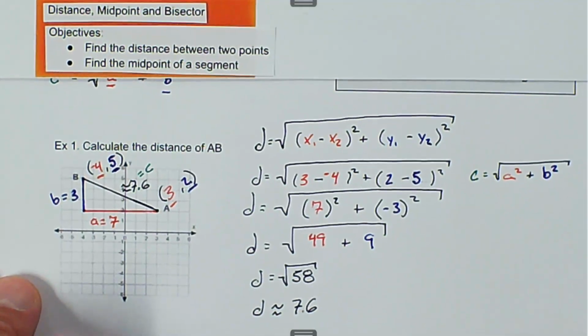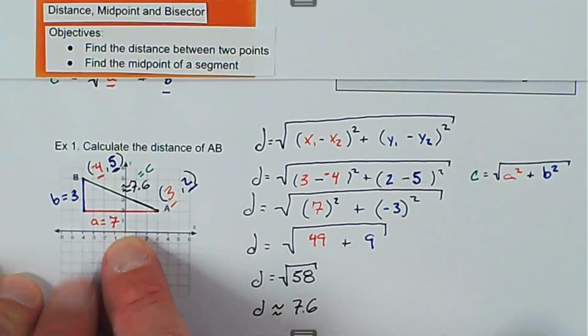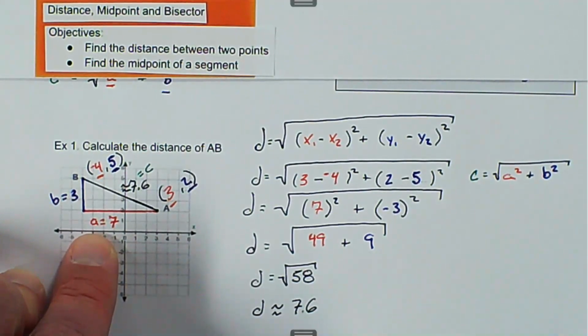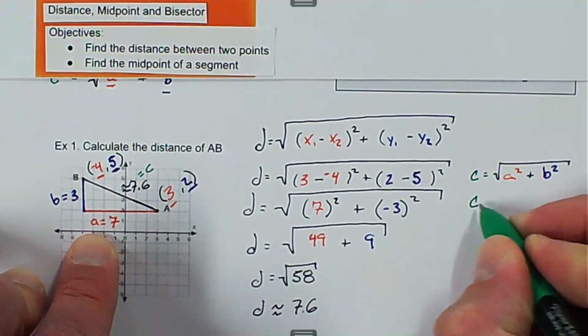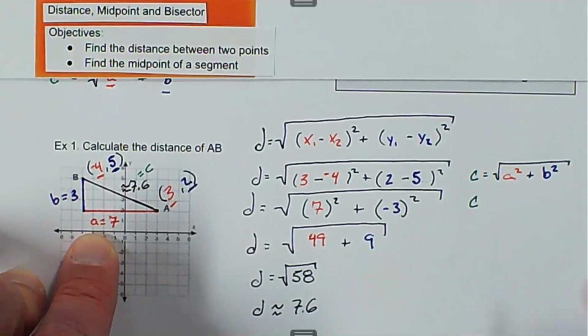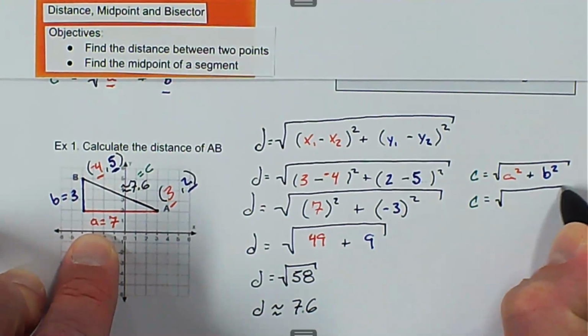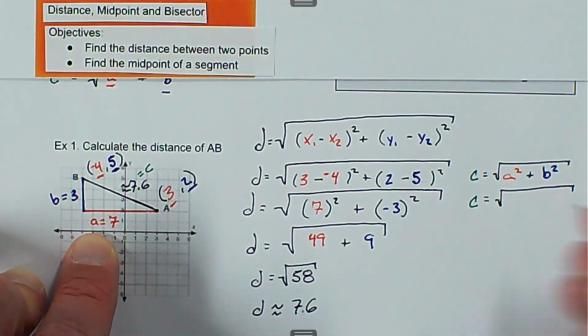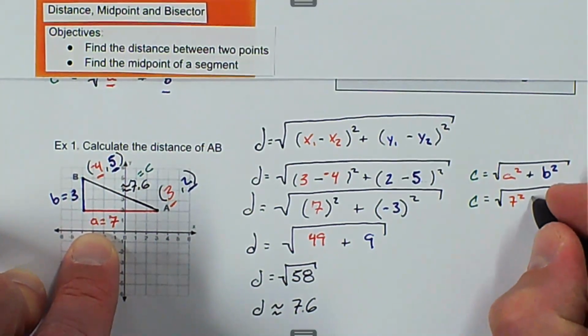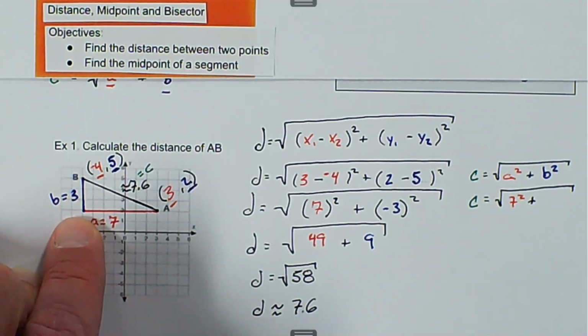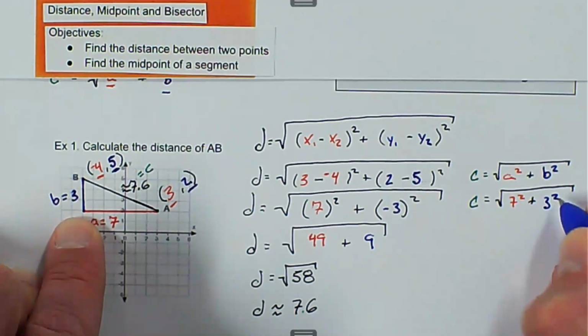And we can solve it just the same way that we did. Now we're just going to substitute in the value. So a is 7. We don't know what c is, so c is going to remain c. We know that a is 7. So we have 7 squared. And we're going to add, and we get b squared, which is 3 squared.